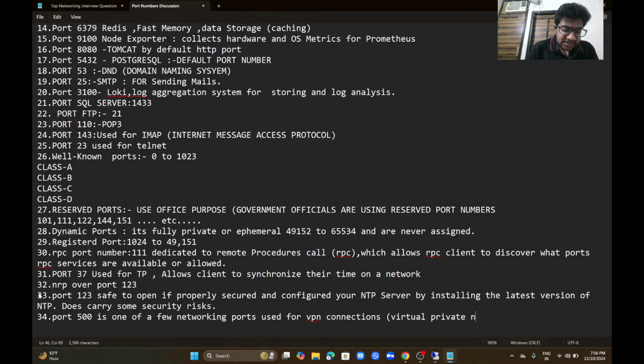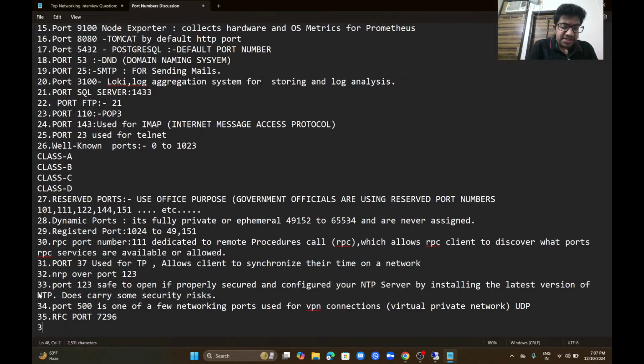This is nothing but UDP port numbers. And another thing is the RFC port number, 7296 is the port number. RFC means Internet Key Exchange Protocol.